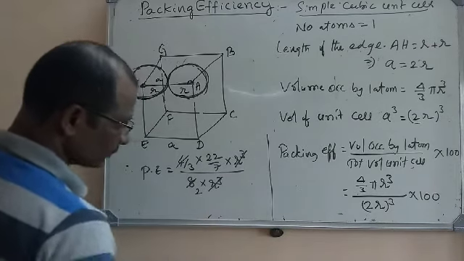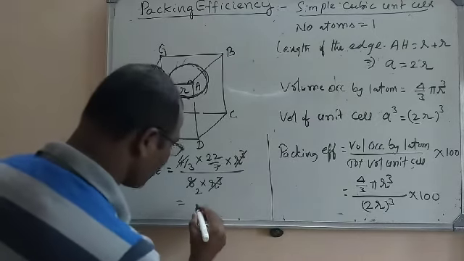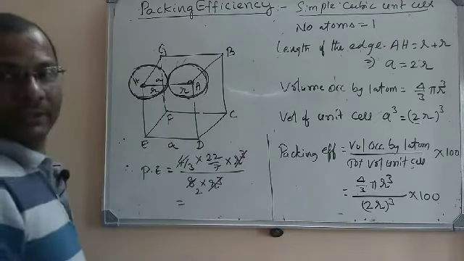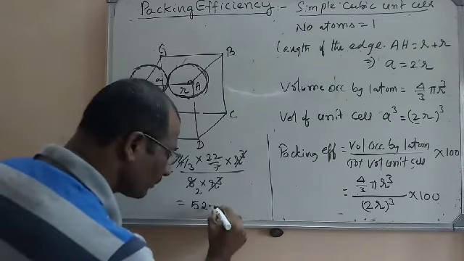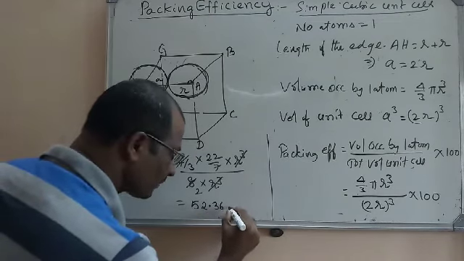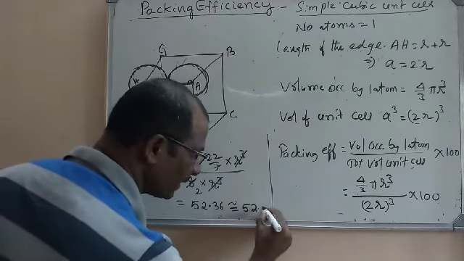If you simplify this, the pi value is also substituted already, so it will become nearly 52.36%. You can make it nearly equal to 52.4%.